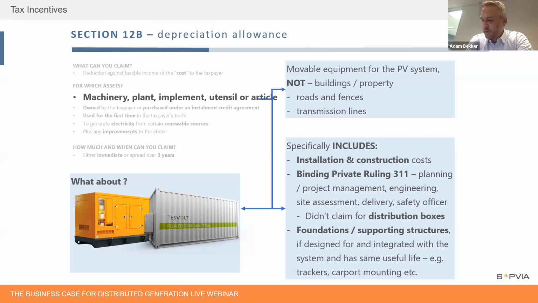So if you've got a utility scale plant, you can't deduct the cost of acquiring the land. Your roads and fences, transmission lines, these sorts of things are not included within Section 12B. There are other sections of the Act which deal with those for purposes of utility scale plants. But what is specifically included, or deemed to form part of those assets, are all of your installation and construction costs.